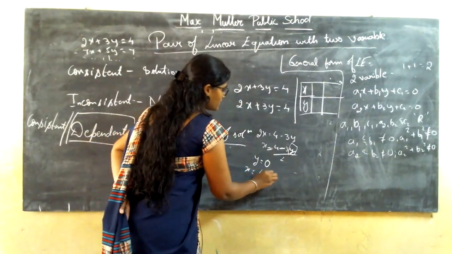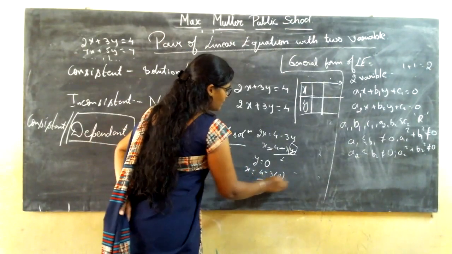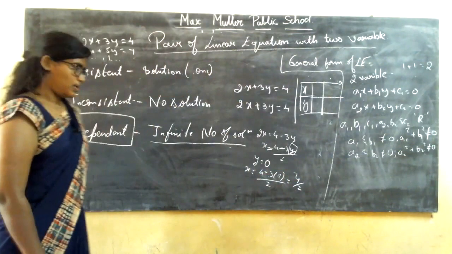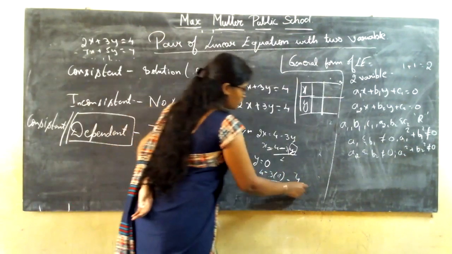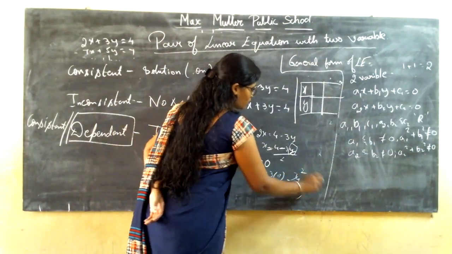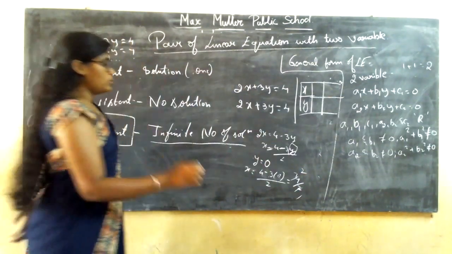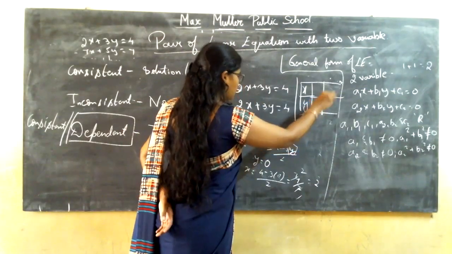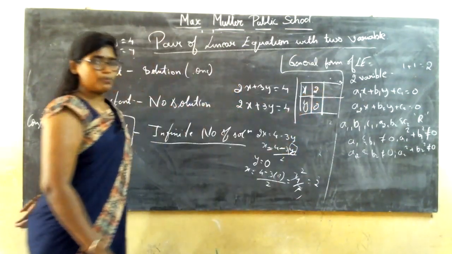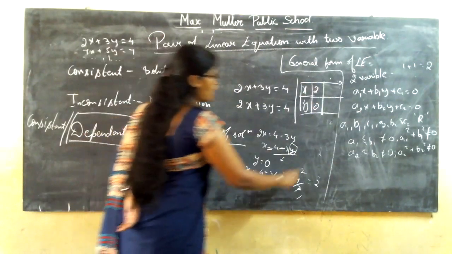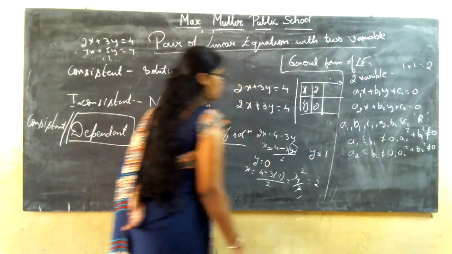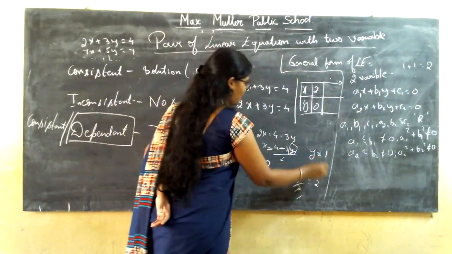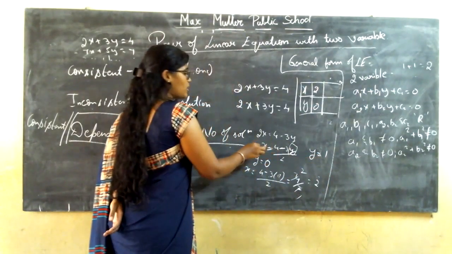So it is 4 minus 3 into 0 divided by 2. 3 into 0 is 0, 4 minus 0 is 4 itself, and 4 divided by 2 is 2. When y is equal to 0, you get the x value as 2. Clear? Next, if you are guessing the value of y as 1, then what will be the value of x?